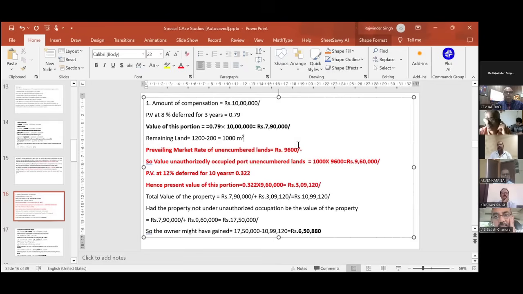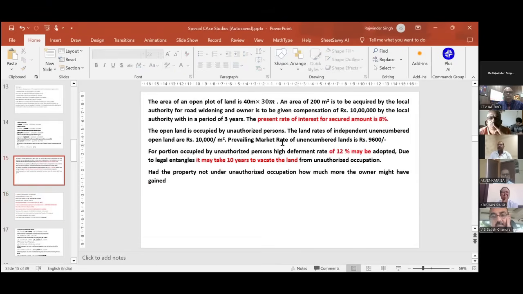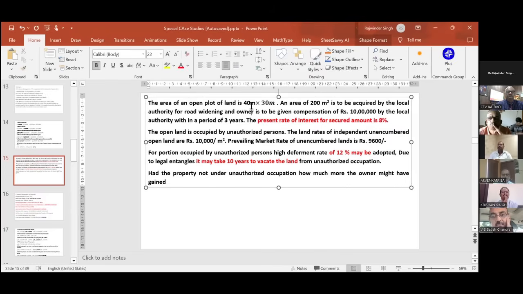See here. Total land area is 40 meter by 30 meter, out of which 200 square meter is to be acquired. So this is the value of 200 square meter, which he will get in the form of compensation.